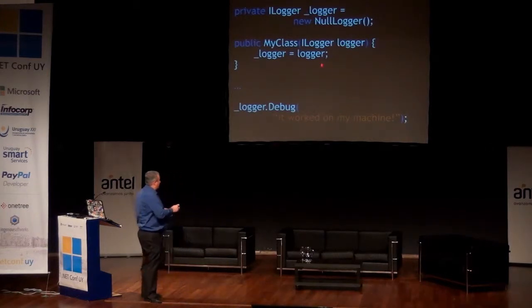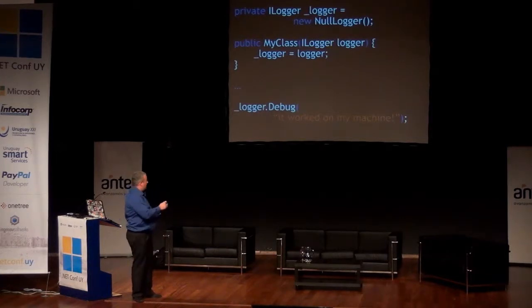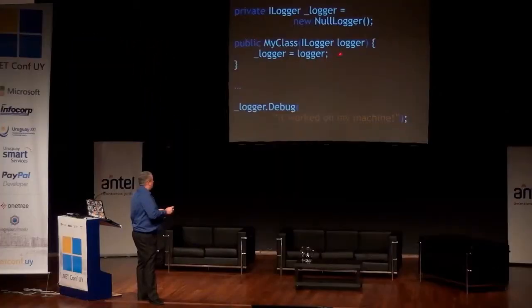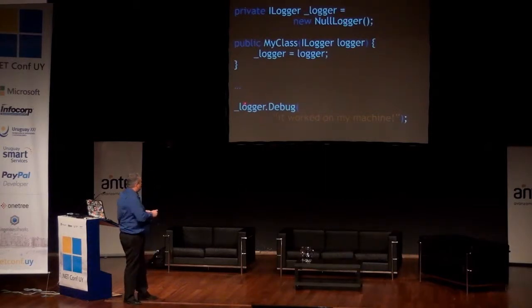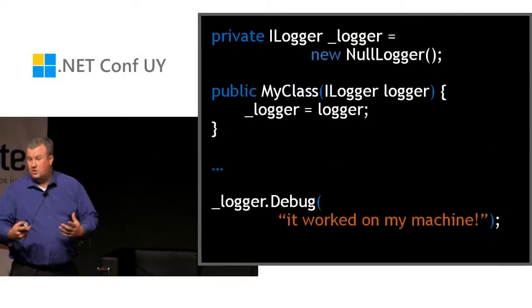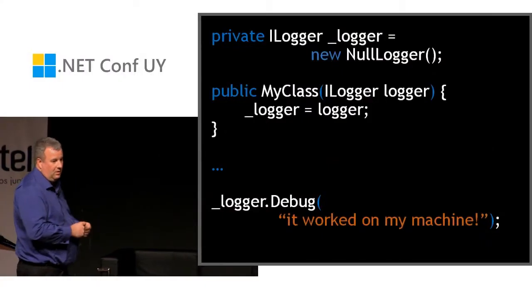This doesn't prevent somebody from passing null in, so we could do something to ensure that there's never a null in there, but that would probably be in our inversion of control container. So say we've done that, we can never get null through here now, and we have NullLogger as our type. When we get down here, we don't have to check and see if it's null anymore, because it's always going to be something other than null.